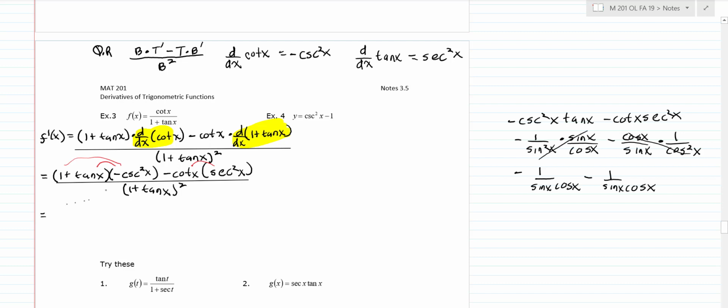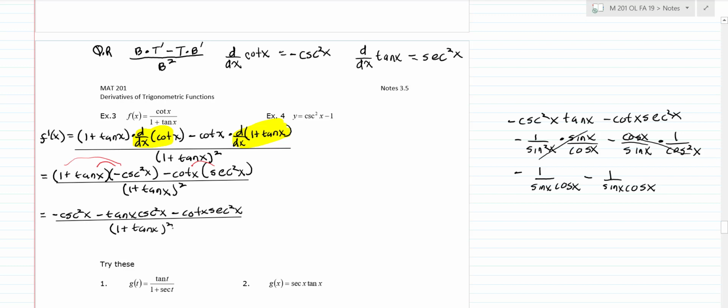So let me adjust this over here. This would be negative cosecant squared x minus tangent x cosecant squared x minus cotangent x secant squared x. And then this would be 1 plus tangent of x squared like that.